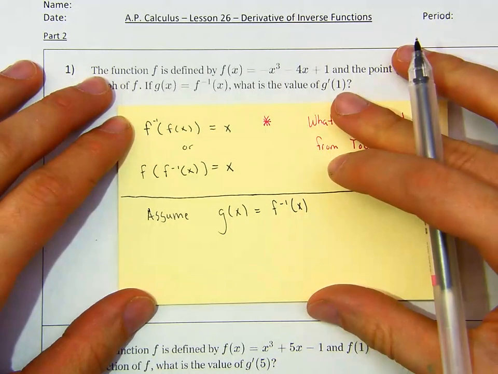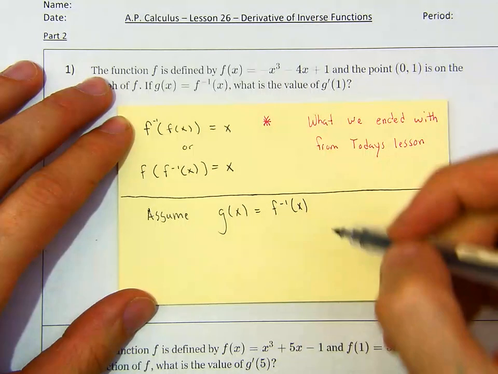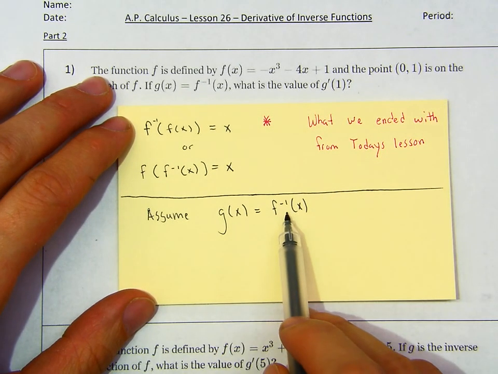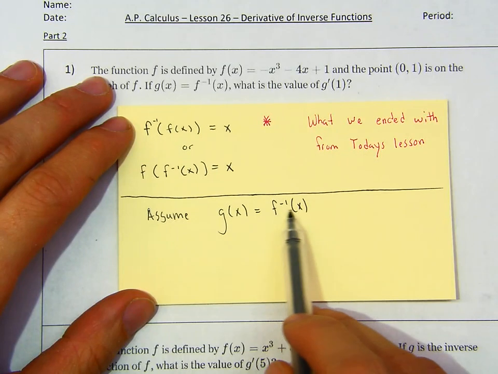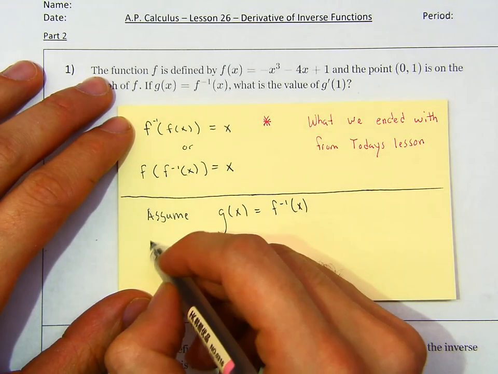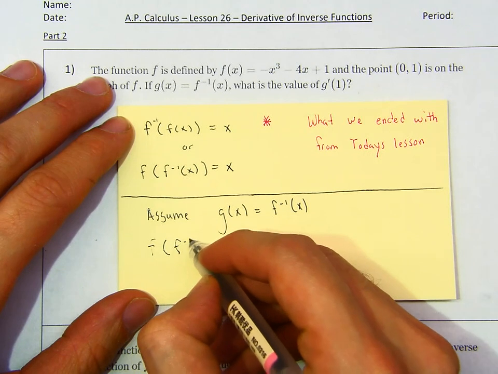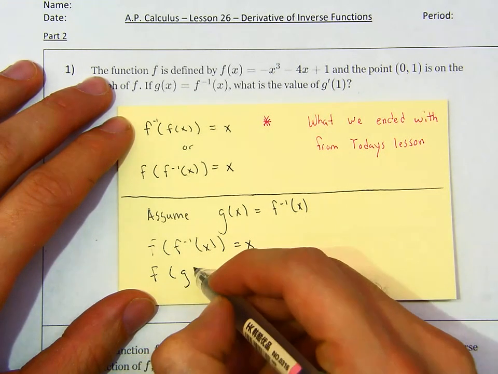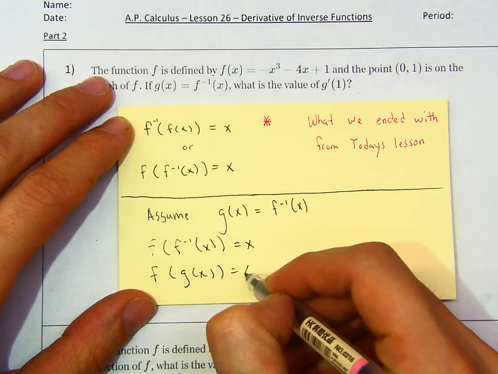If g of x is equal to f inverse x, I could substitute this f inverse x for g. So notice that I had this originally, and now I could just say this is f of g of x.